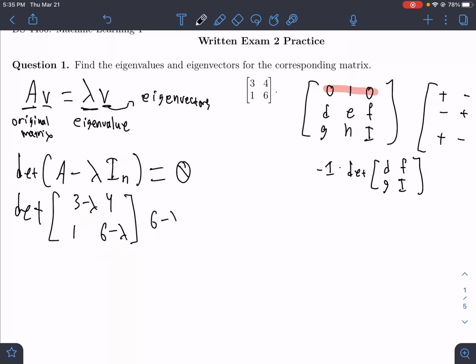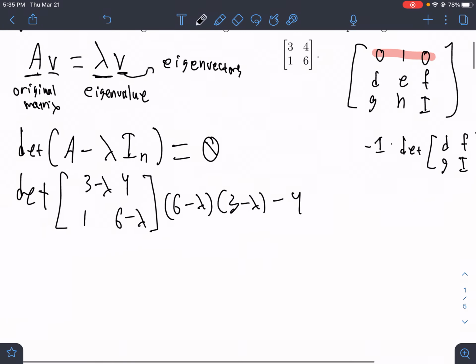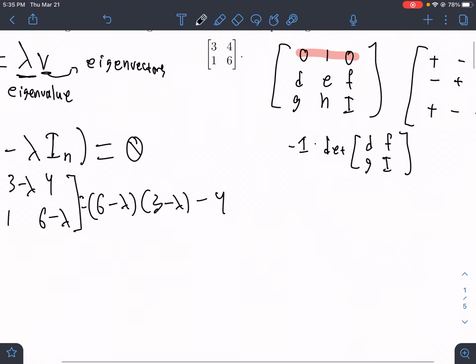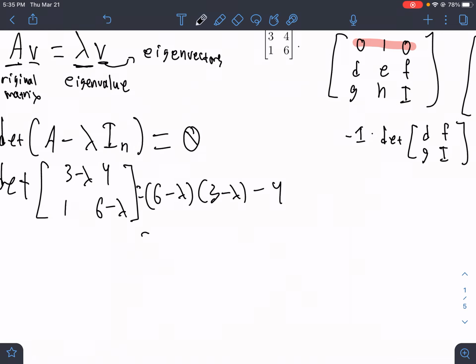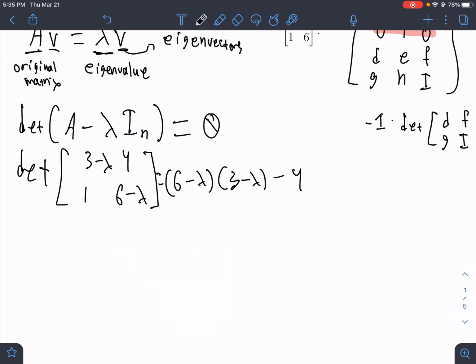So 6 minus lambda times 3 minus lambda, minus 4. That's our determinant.